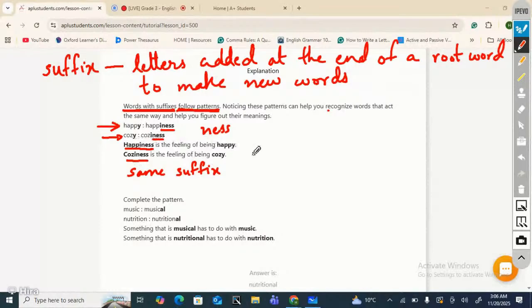Happiness is the feeling of being happy, coziness is the feeling of being cozy. Both are feelings, meaning both are nouns. They act the same way. They share the same part of speech as well.